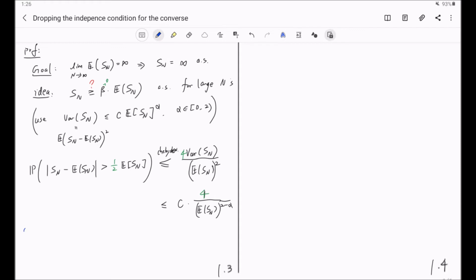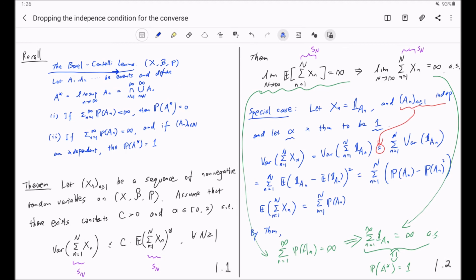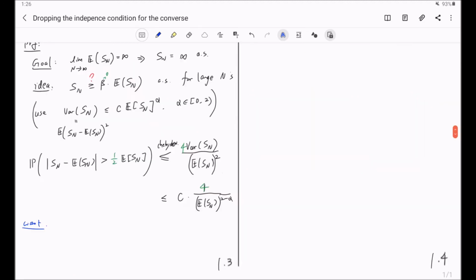What we really want in here is that the summation of those probabilities is a finite number, so that we could apply the first part of the Borel-Cantelli lemma to conclude the lim sup of these events has probability 0. So we want the lim sup as capital N of this to be of probability 0.